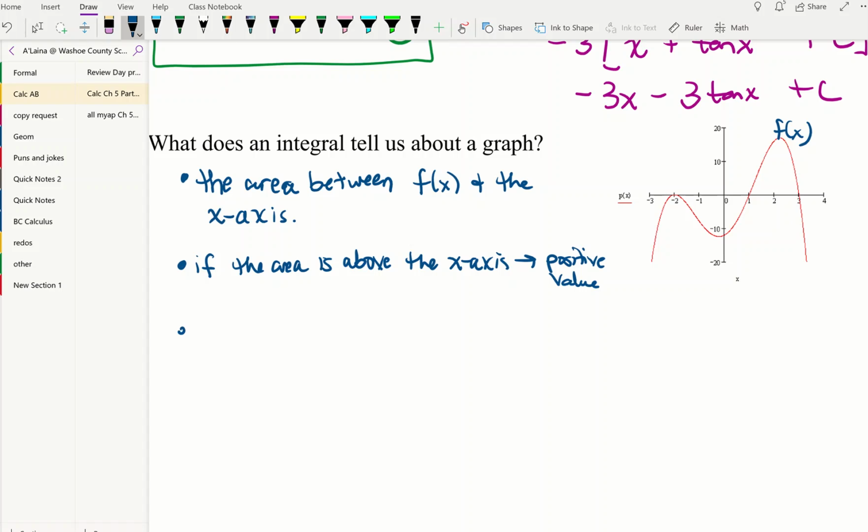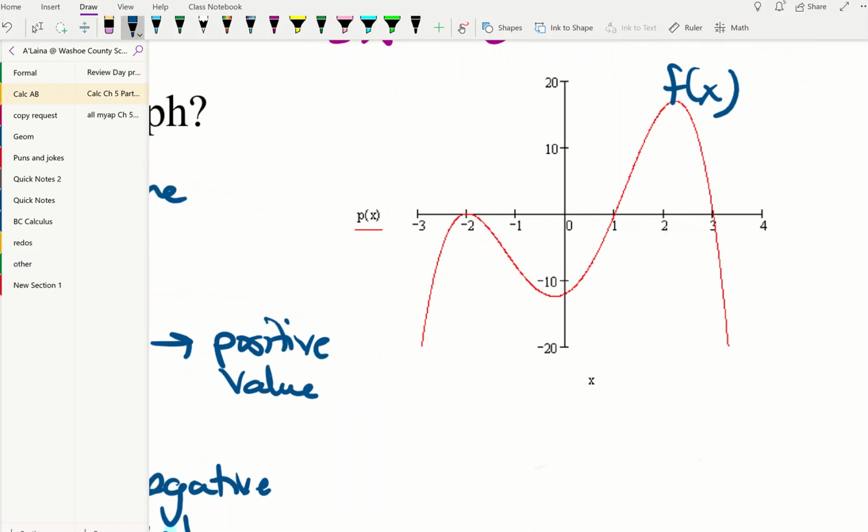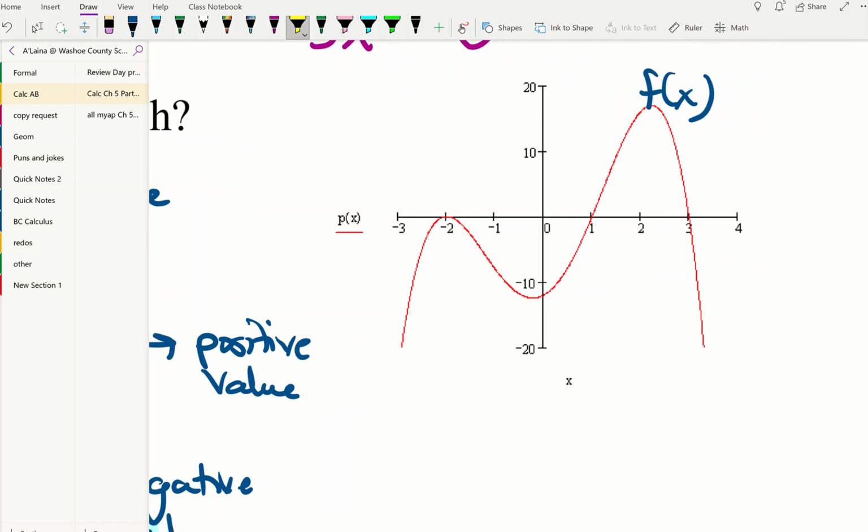And if the area that we're looking at is below the x-axis, then we're going to get a negative answer. And I think a quick example or two will help to clarify this. So let's say I look at this picture. And let's say that I tell you, wow, let me change the size of this highlighter.